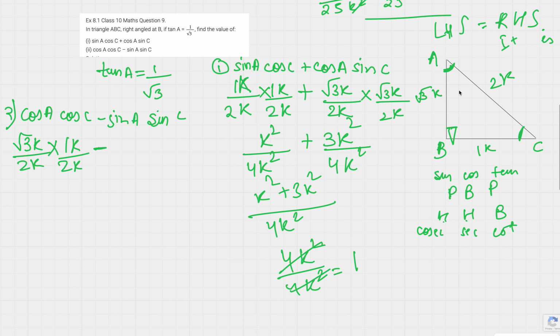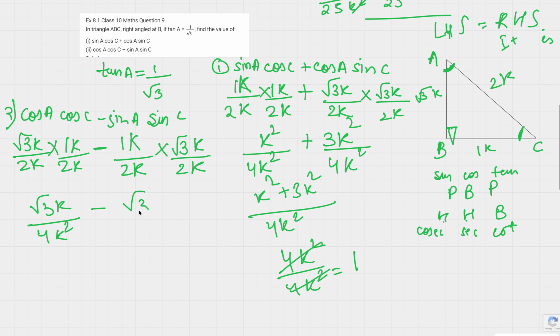Sin is P by H. So for A, this is P, this is H, so 1K divided by 2K. Sin C. Sin is P by H. For C, this is P, this is H. So it will become root 3K divided by 2K. So it will be root 3K square divided by 4K square.